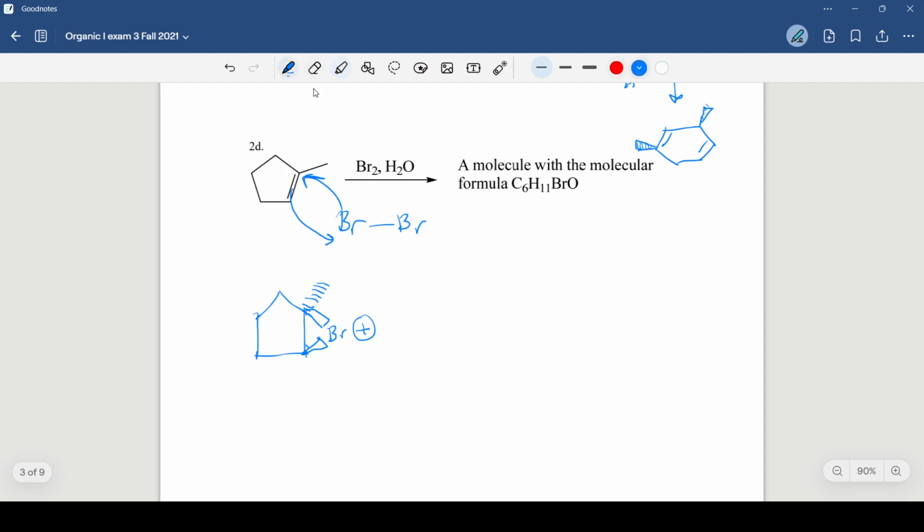The reason why it's trans is that H2O is going to attack this center right here, and it's going to invert stereochemistry. So what happened is that it's going to force this group to go from dashes into a wedge. So we got Br on a wedge. And remember, the Br is going to lose its positive charge because it's gaining this bond right here.